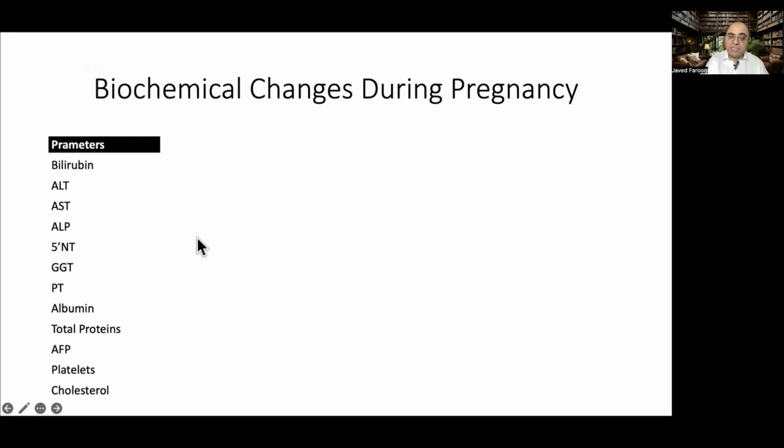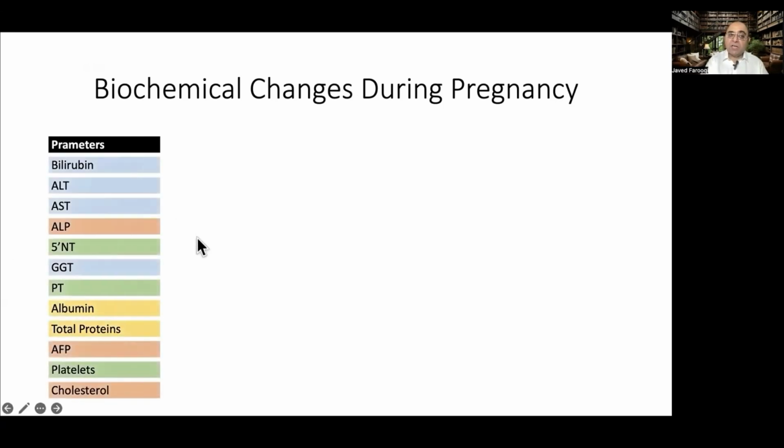To understand these changes, we will code them with different colors. Those which are blue colored are bilirubin, ALT, AST, and GGT. Those which are orange colored are alkaline phosphatase, alpha-fetoprotein, and cholesterol.